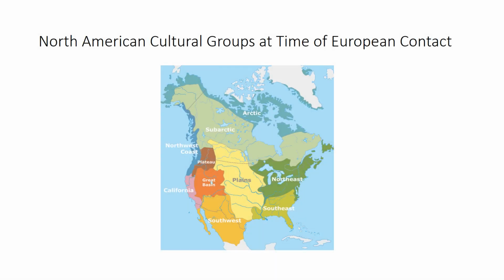Well, now let's take a closer look at American Indian culture. And before we do that, it is important to note how varied that culture is. Right now, there are approximately 500 tribes and bands still in existence in the United States.